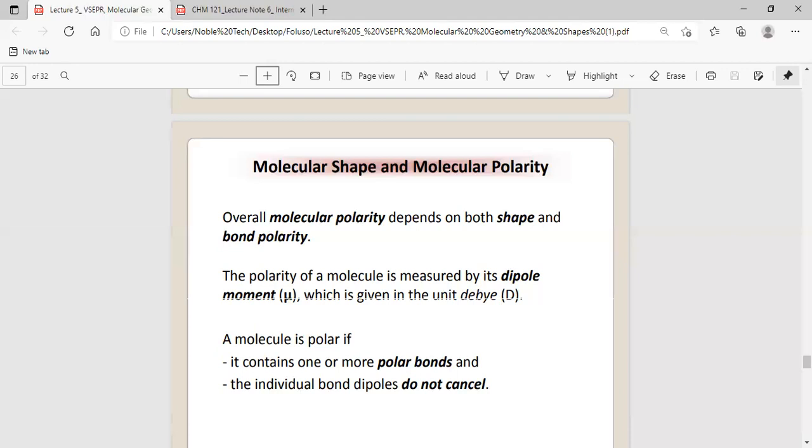However, it doesn't necessarily translate that when you have one or more polar bonds, the overall molecular polarity would be a dipole moment of positive value.